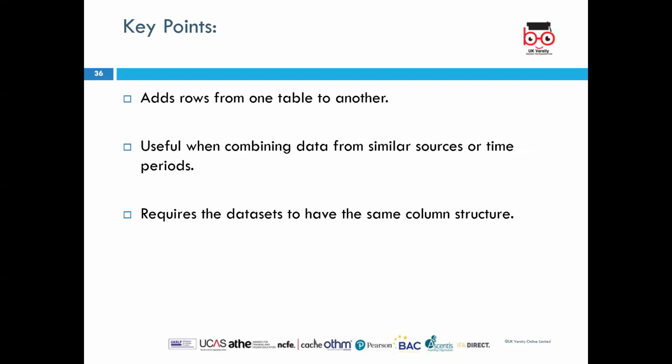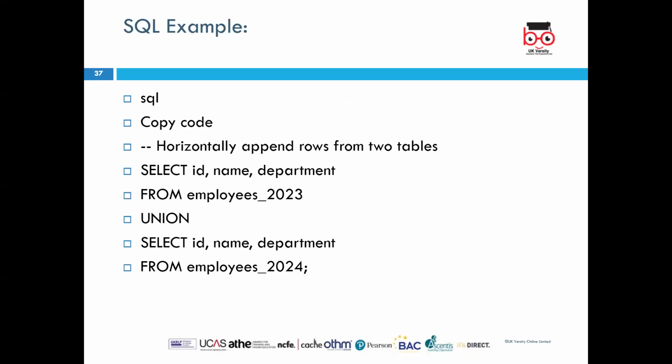This is useful when combining data from similar sources or time periods, and it also requires the data sets to have the same column structure. Here we have an example of horizontally appending rows from two tables.